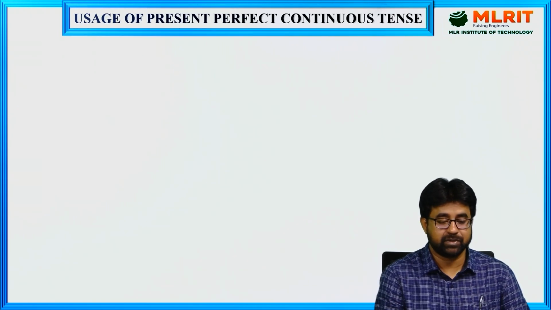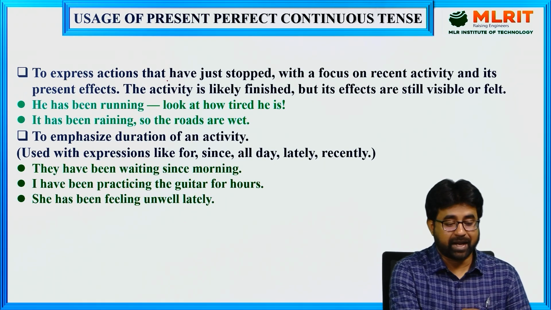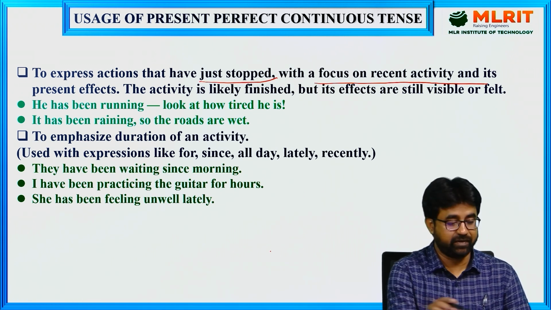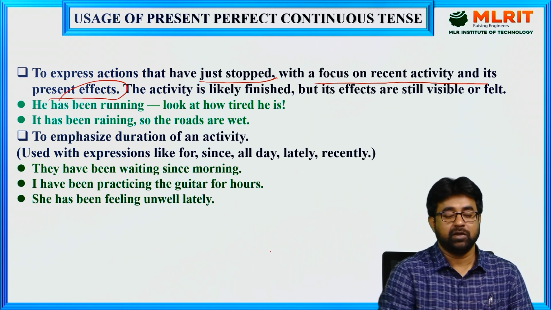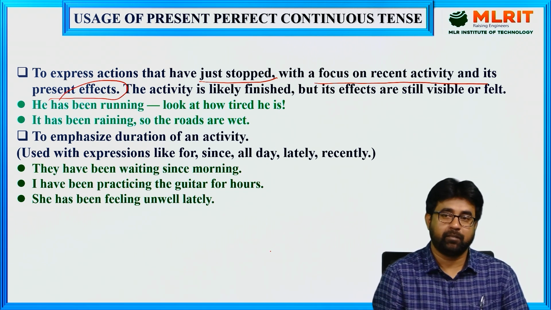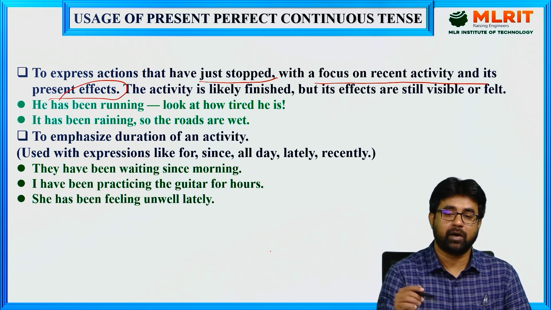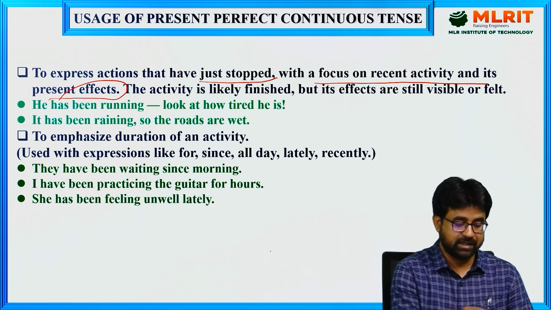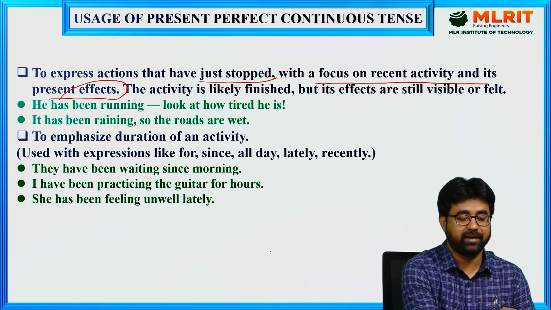Now the next usage of present perfect continuous, to express an action that has just stopped, with a focus on the recent activity and its present effect. So if I'm talking about an action which just stopped, but I'm trying to emphasize the effect of that particular action. See here, this kind of sentence. He has been running.